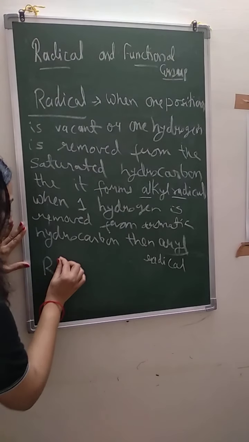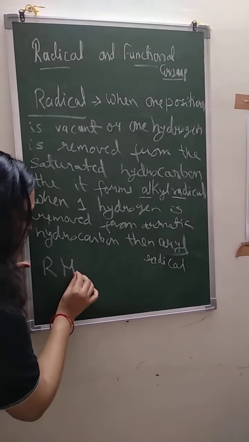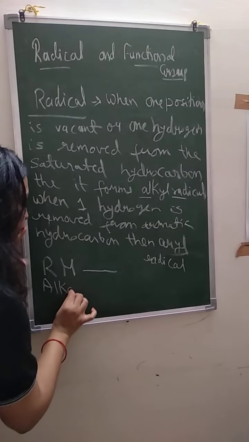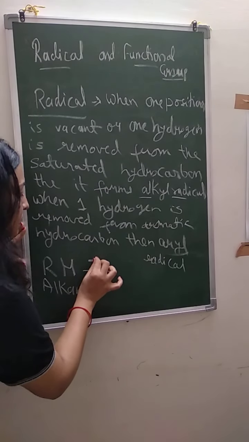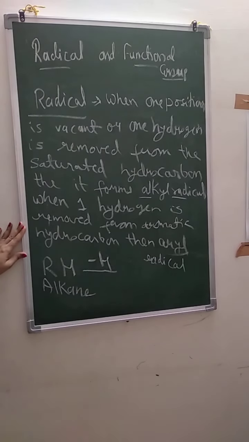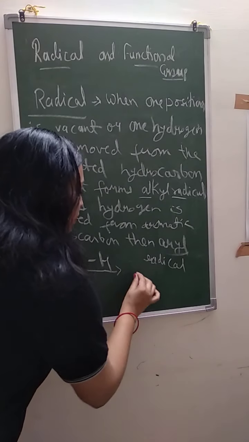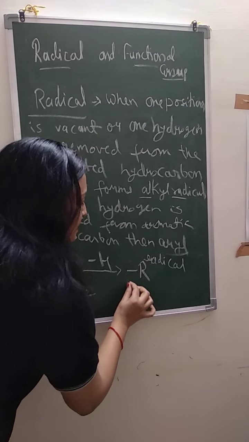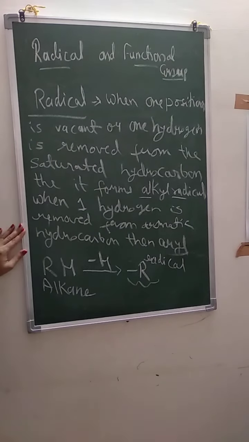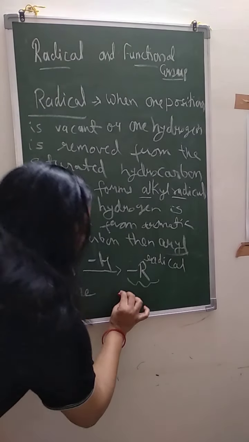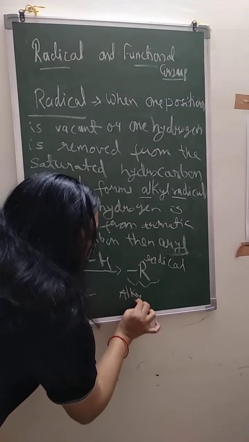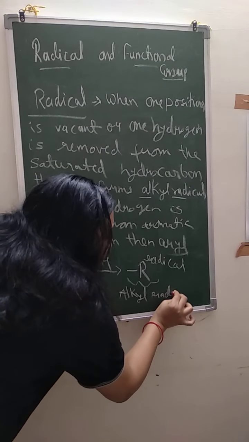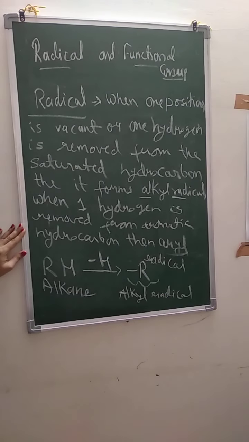You can understand it like that. Suppose RH. We write it here RH. What is this RH? This RH is alkane. Here we remove a hydrogen. Now what is this? This forms an alkyl radical. Clear?